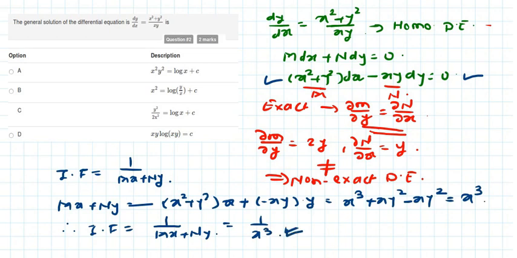Once you get the integrating factor, multiply the equation by it, so that the given differential equation will become exact. We have (x square plus y square) dx minus xy dy equal to 0.